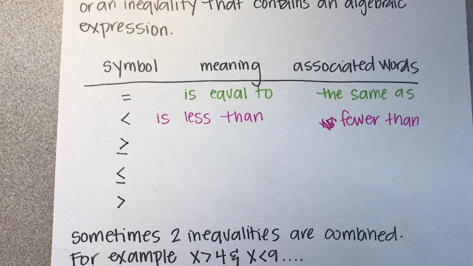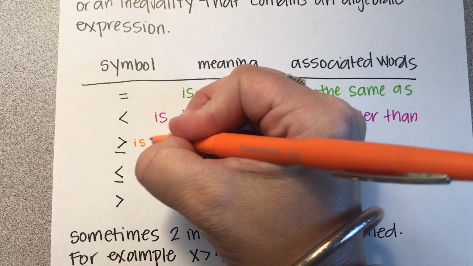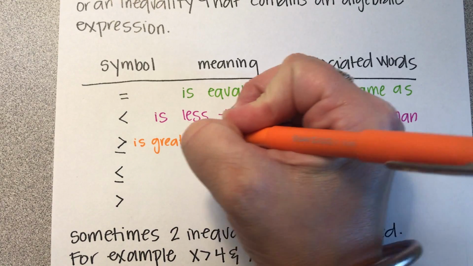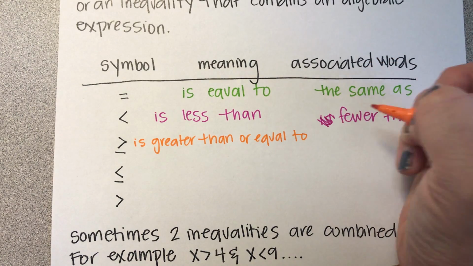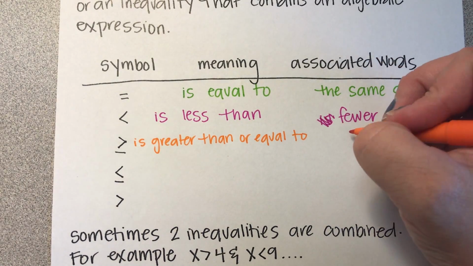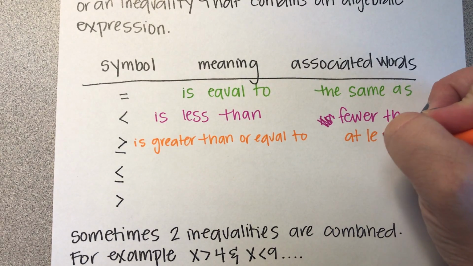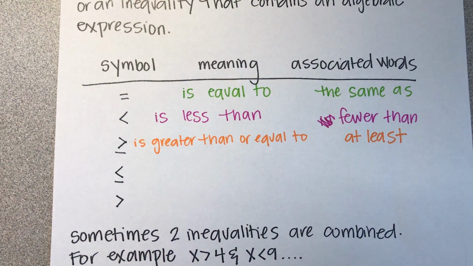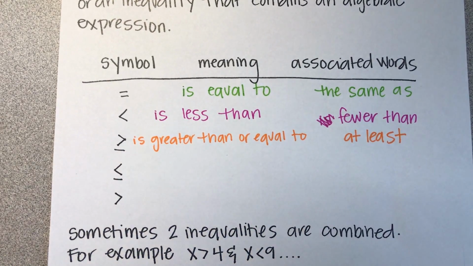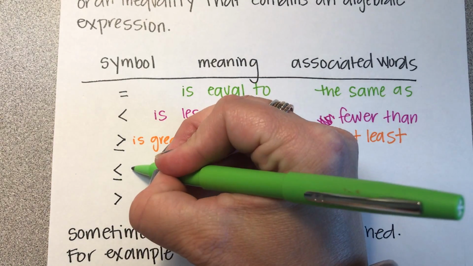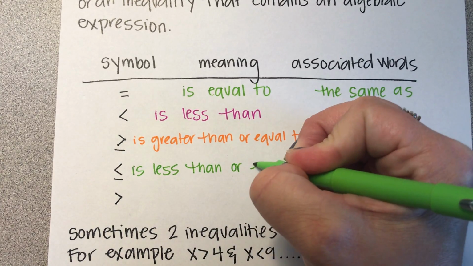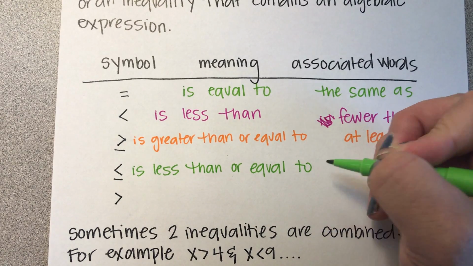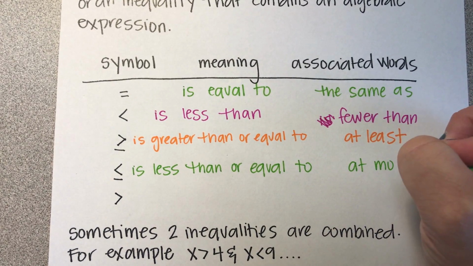And then next we have is greater than or equal to, and the associated words are at least. So if I told you that you had to make at least a 90, you have to make something that is greater than or equal to 90. Next is less than or equal to, and that's at most.